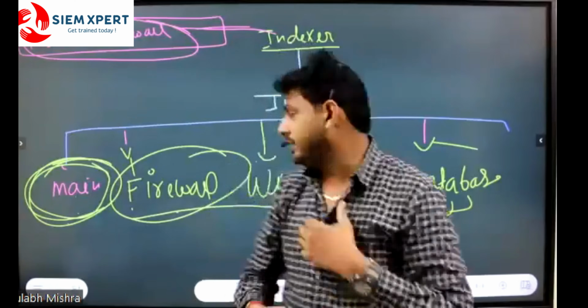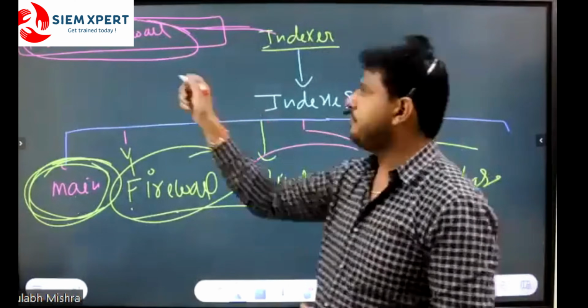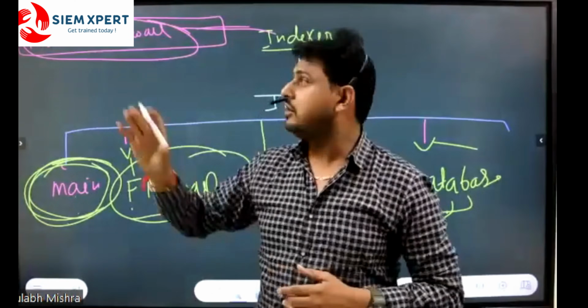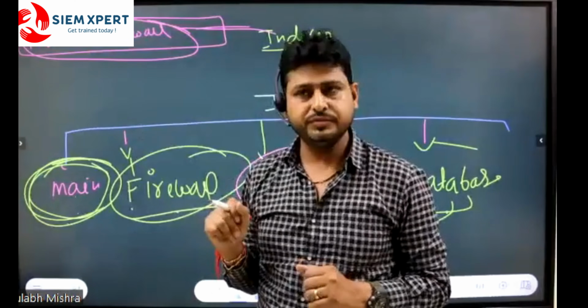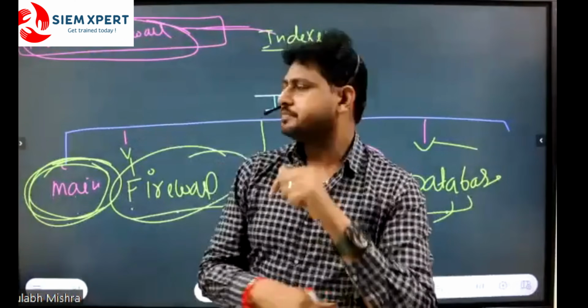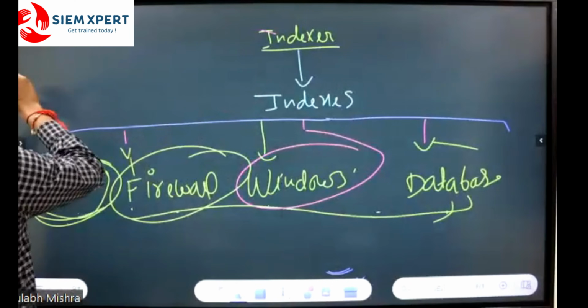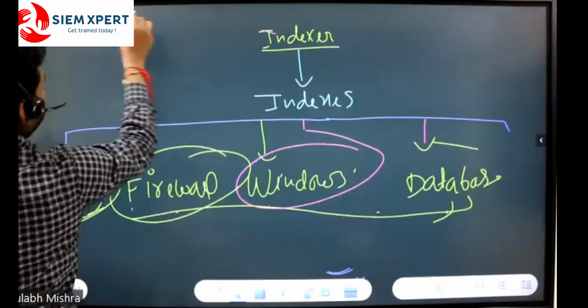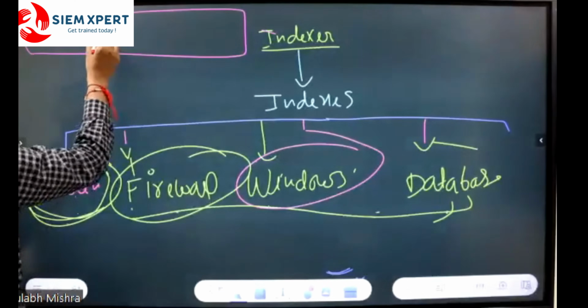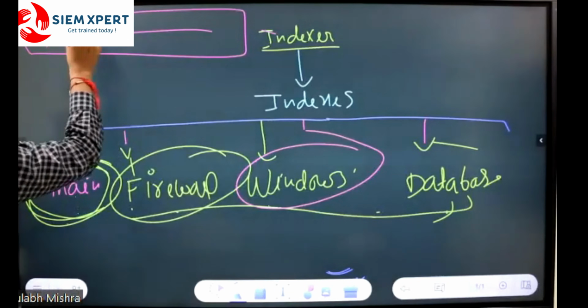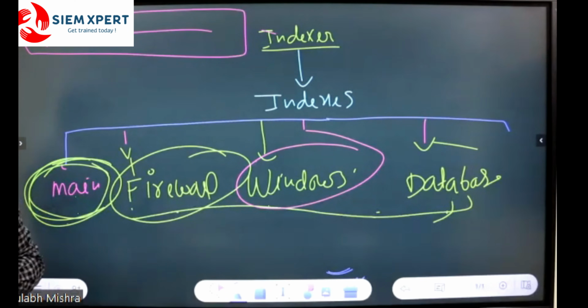Similarly, if you want Windows logs, you have to type index=windows. For example, if I write a query without defining the index, what will happen?